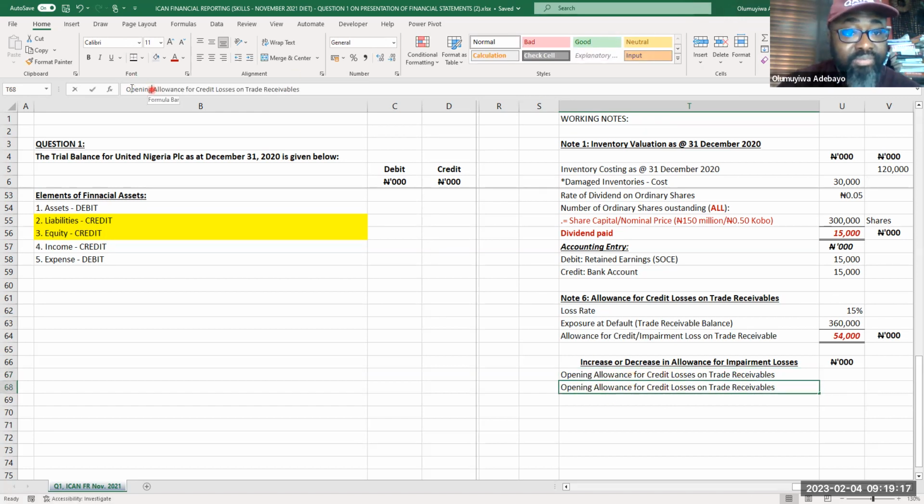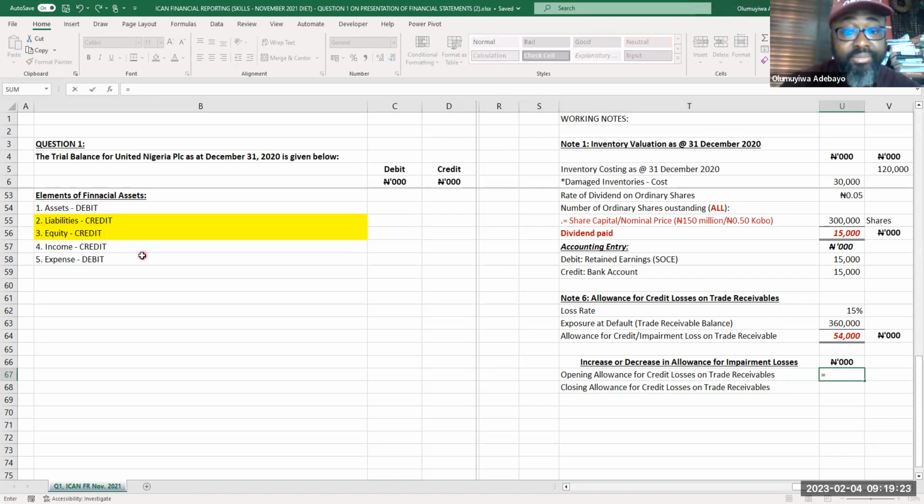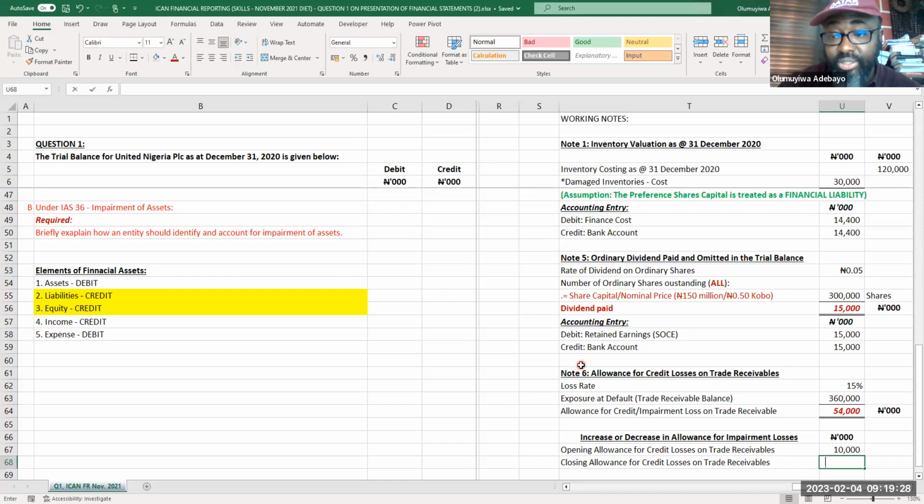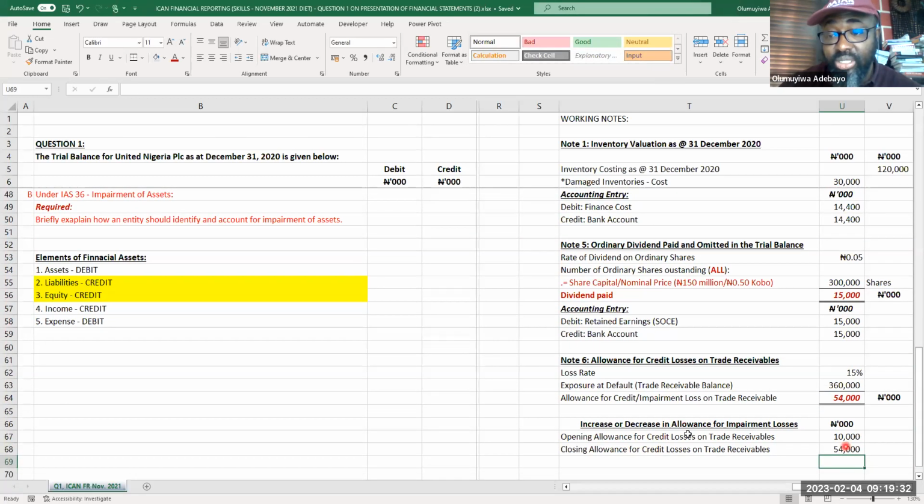And you tell me what the movement is. Is there an increase or a decrease? Opening was 10 million from the trial balance, and closing was 54 million from our computation.